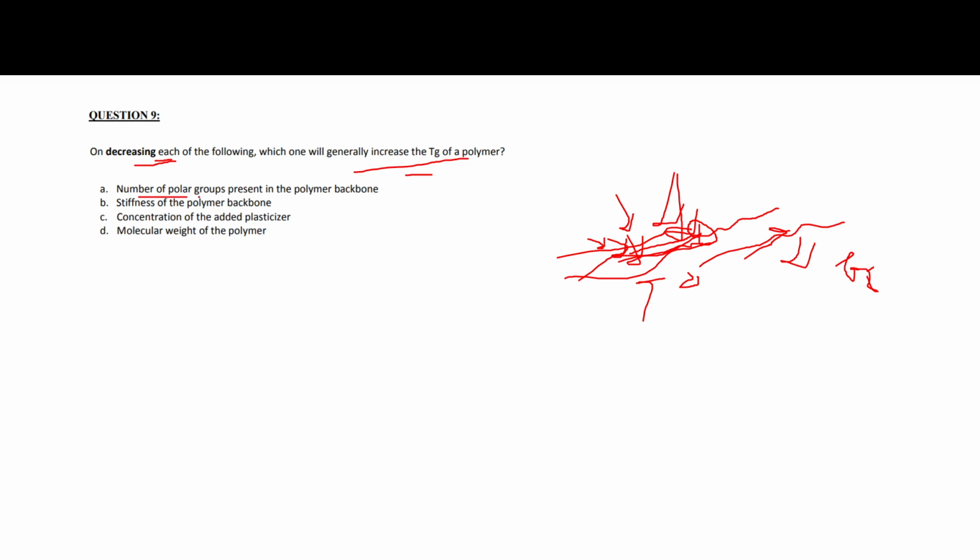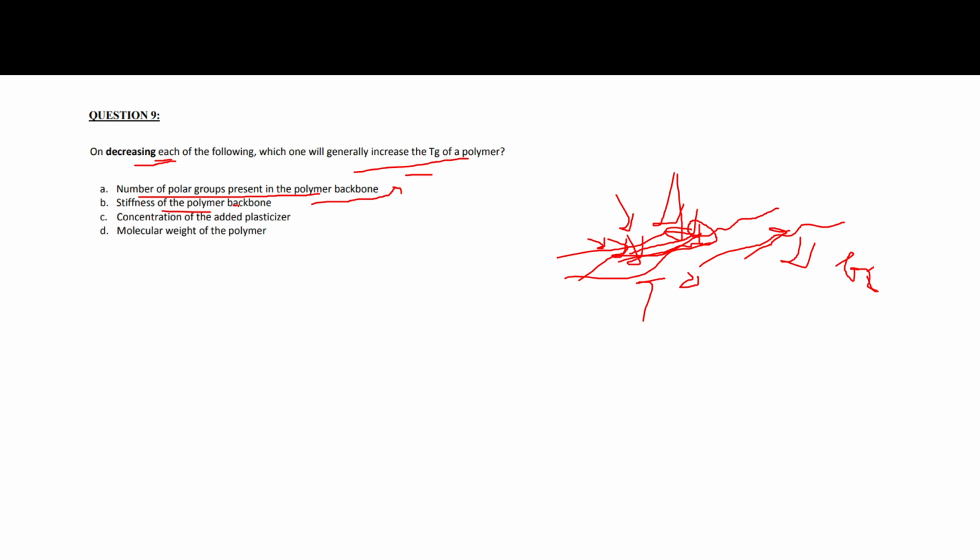Number of polar groups present in the polymer backbone: if you increase the polar groups, the polymers become more rigid. Stiffness of the polymer backbone: if you increase the stiffness, the polymer becomes more and more rigid, so the polymer Tg will increase. So you can add some plasticizer there, decreasing the Tg of the polymers.